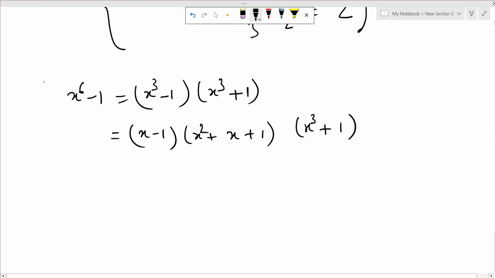You should note that -1 is already in Q, so no need to worry about that.